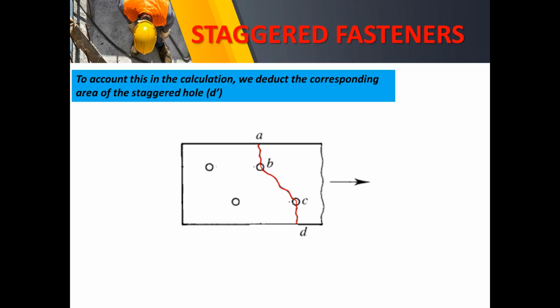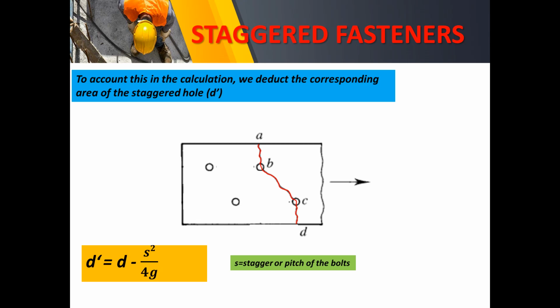To account for this in the calculation, we deduct the corresponding area of the staggered hole, D prime. It is suggested that D prime will be equal to the bolt diameter less S squared, or the square of the pitch of the bolt, over 4G.